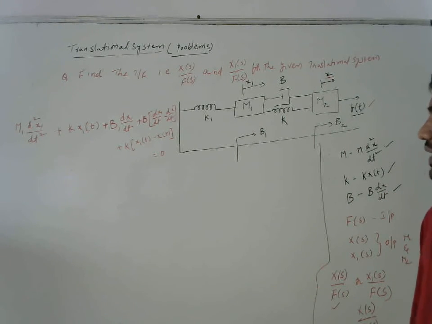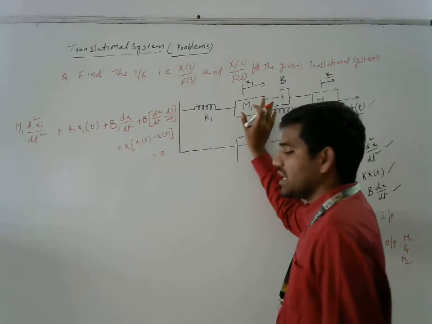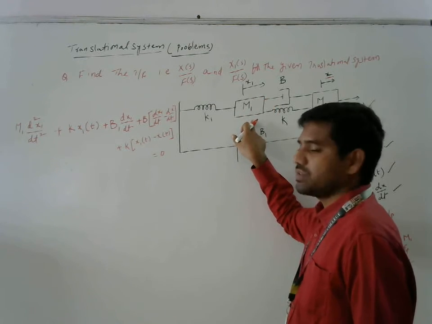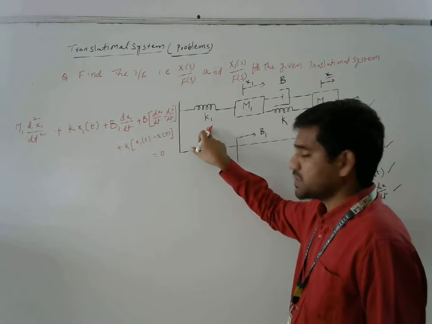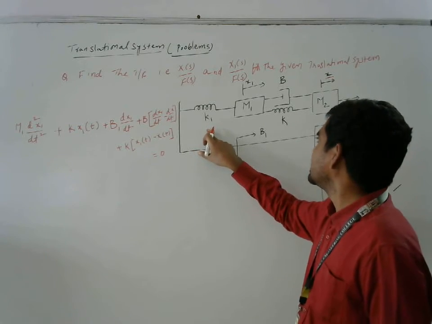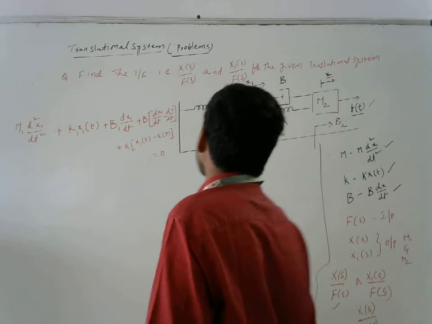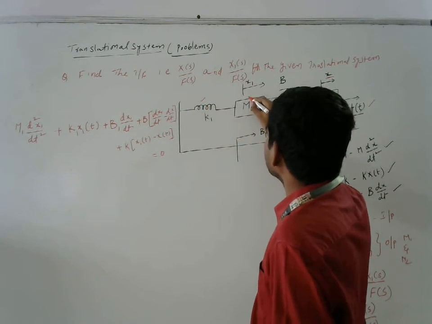How are we going to write that differential equation? The mass m1, how many elements are connected to that mass m1? This is m1 into d square x1 by dt square. After that, you are having a spring k1 into x1 of t. Sorry, I wrote here k1 into x1 of t. After that, this spring is completed, mass is completed.